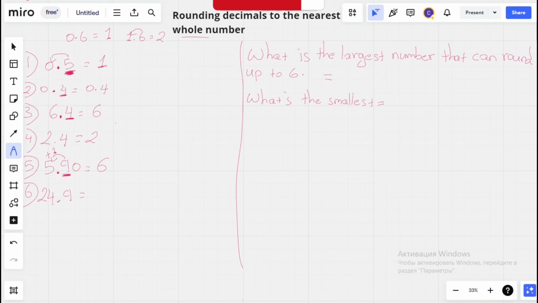Okay, next example. Here's our decimal. Is the 9 bigger than 5? Yes, it is. So look, it goes to the ones and it plus 1. So 24.9 becomes what? 25.